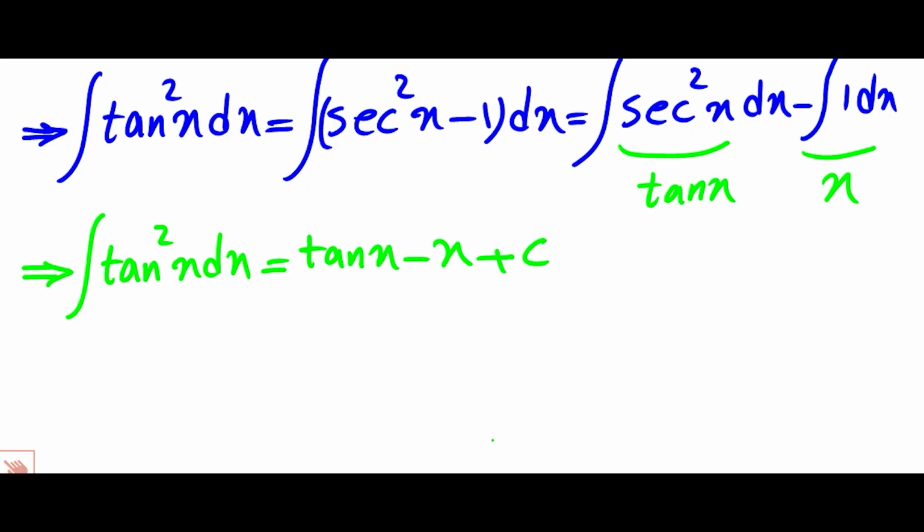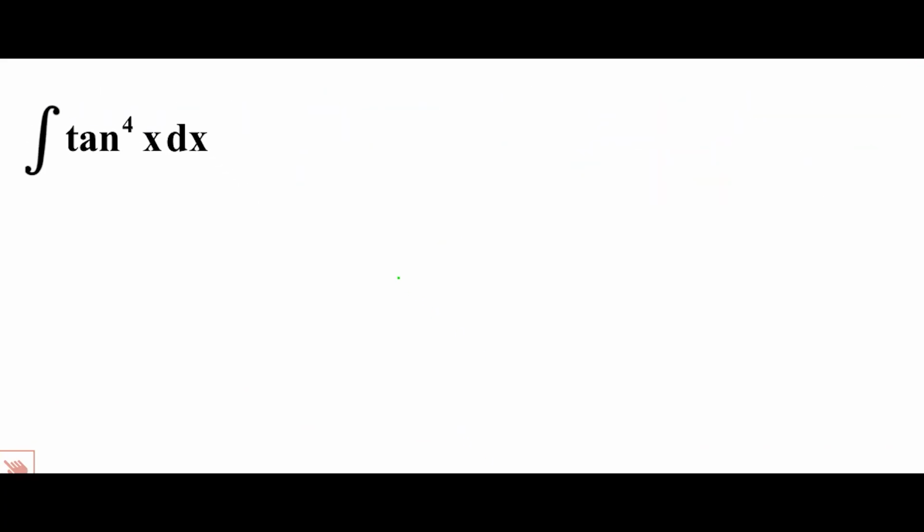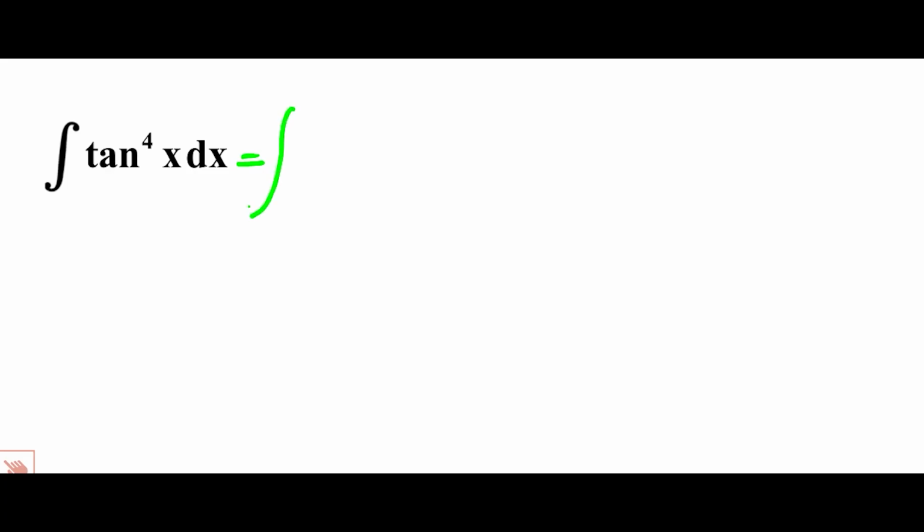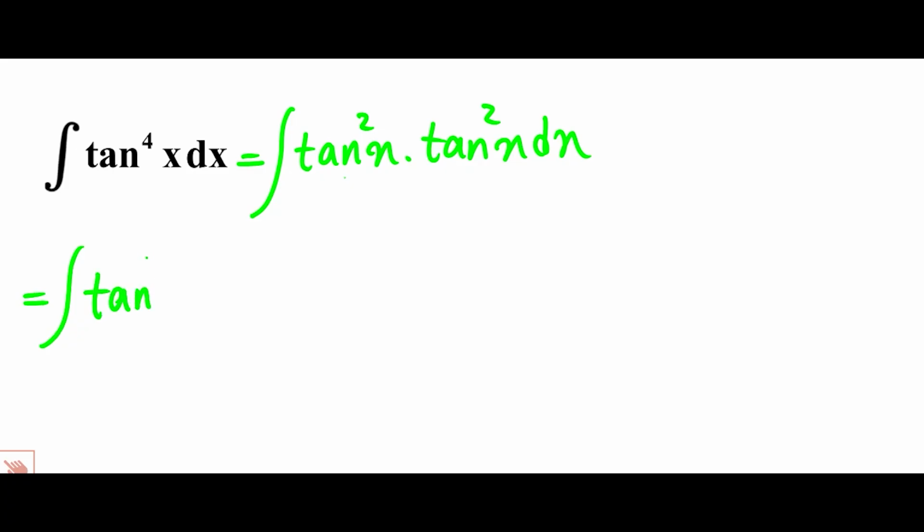Now let us move to the second example, the integral of tangent to the fourth x dx. We can write the integral of tangent squared x times tangent squared x dx. Now we replace one factor of tangent squared by secant squared minus 1. So we have the integral of tangent squared x times secant squared x minus 1 dx.